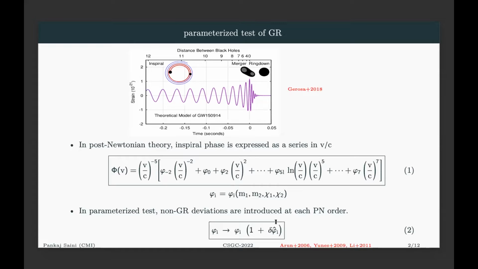In alternative theories of gravity, these deviation coefficients assume some specific values. So if we can constrain them, then we can constrain the parameter space allowed by some alternative theories of gravity, and maybe rule out some of them.